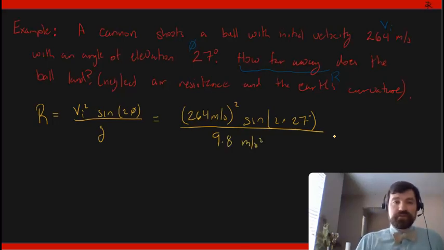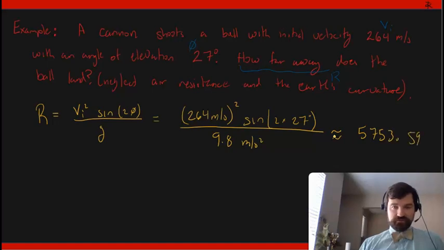If we plug all that into our calculator, we get 5,753.5967 meters. We should probably round that to 2 significant figures, given what we've chosen for g and what we've chosen for the angle.